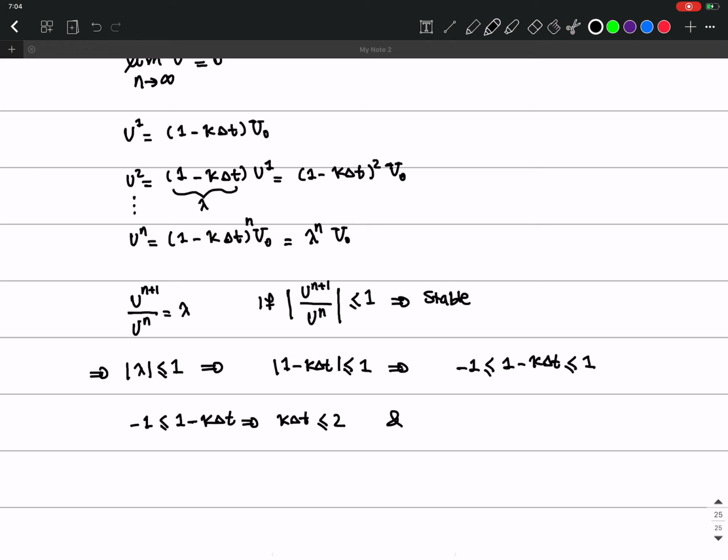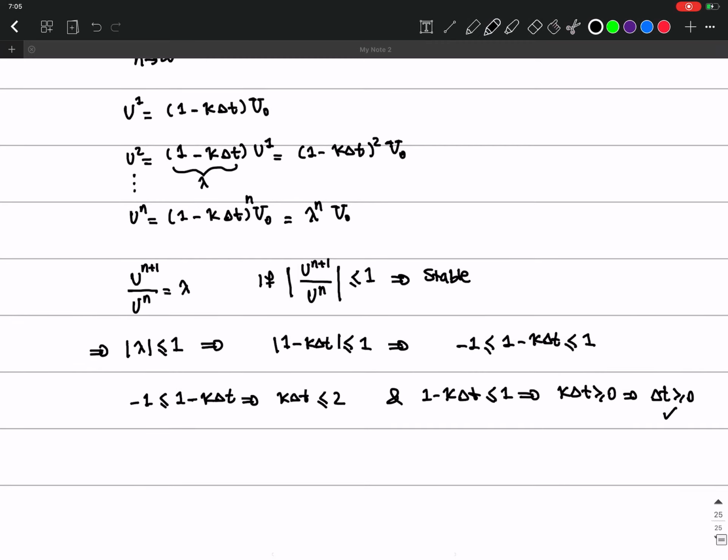And the second one is 1 minus kappa delta t should be smaller than 1. So this means that kappa delta t should be greater than 0. And this means if kappa is positive, delta t should be greater than 0, which it is, right? So it's kind of a trivial thing.